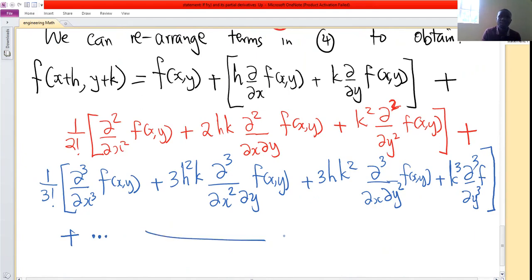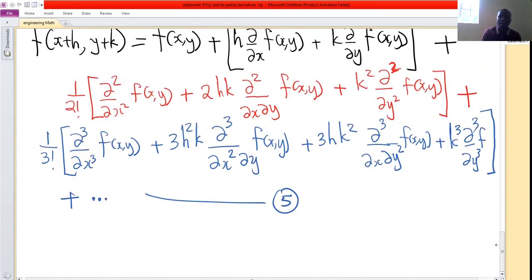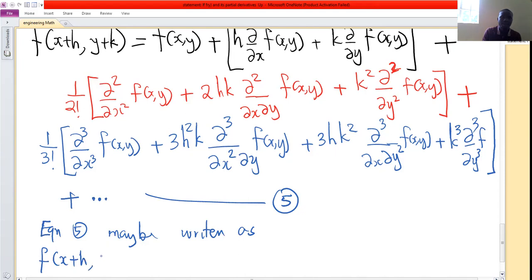Let me call this one equation 5. Now 5 may be written as f of x plus h comma y plus k.